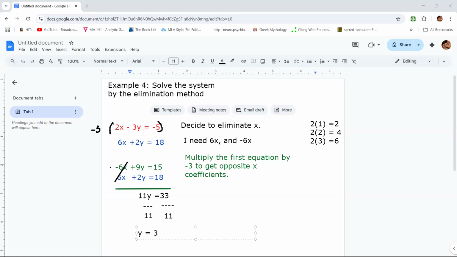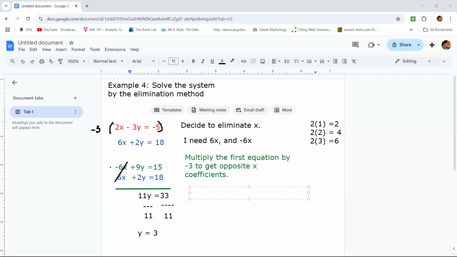I'm going to use the red equation. So I'm going to come over here now, and I'm going to copy the red equation. That was the original one.